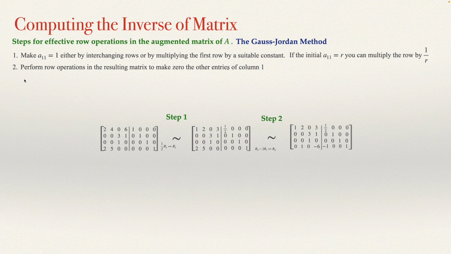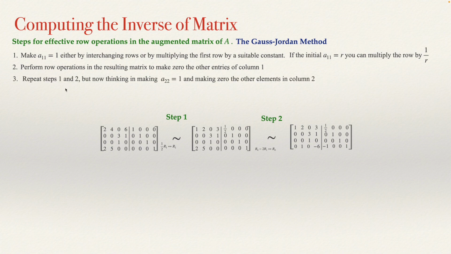Okay, as step number 3, you are going to repeat these first 2 steps, but now trying to put the number 1 in A sub 2,2. And after you put number 1 there by interchanging rows or by multiplying by a number, then put 0 in the other entries.